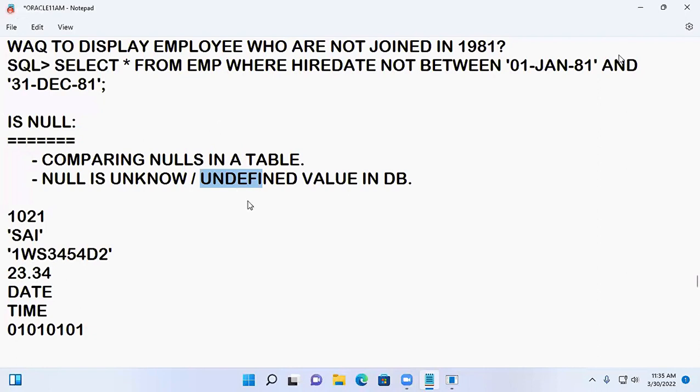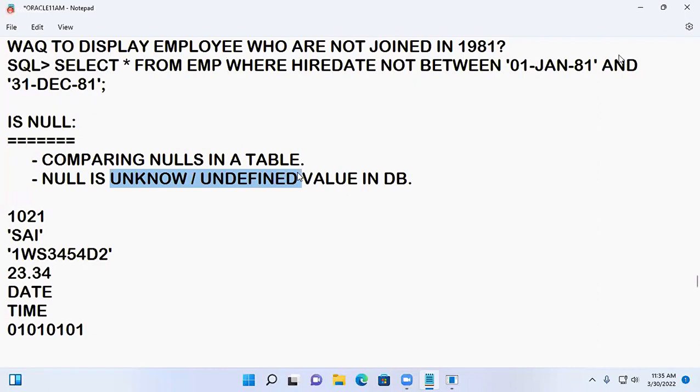So that's why, when these kinds of values are in databases or database tables, you have to use the IS keyword, because with these unknown and undefined values we can't go for comparison. I can't use an assignment operator. I can't use less than or greater than relational operators.